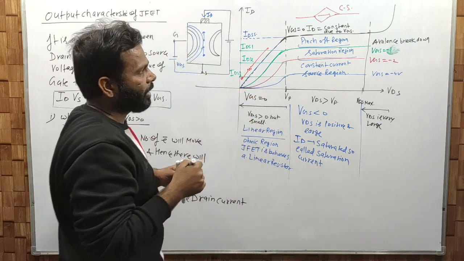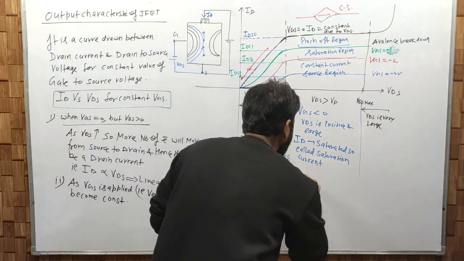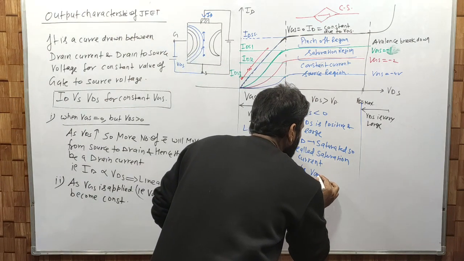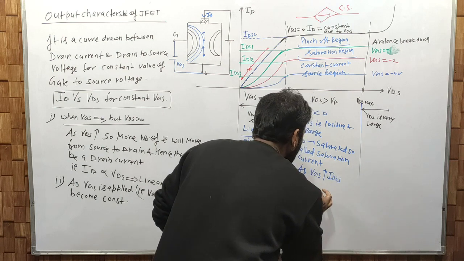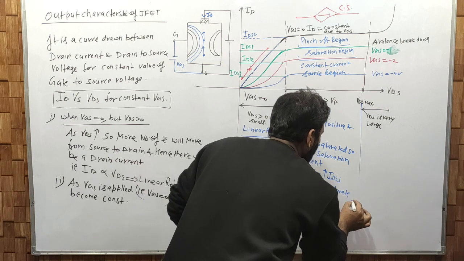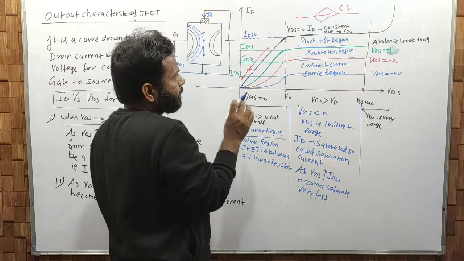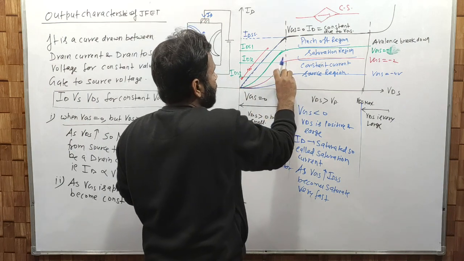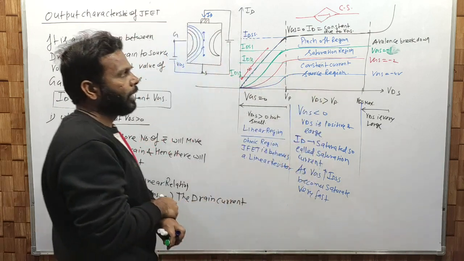So if we look at this curve, as VGS is increasing, the IDSS saturates very fast. Clear है? So you just see, the more negative voltage you apply, the drain to source maximum current reaches its value faster. Clear है यहाँ तक?